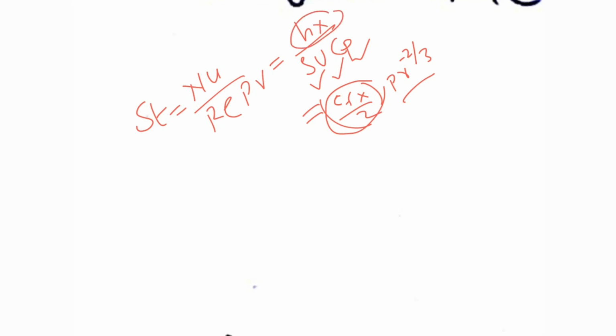Therefore, even if we are not going into the thermal boundary layer and its variation, you can still find the value of hx. This is the physical significance of the Reynolds analogy. The physical significance is that you can find the convection heat transfer coefficient over a flat plate, even if there is no temperature difference.